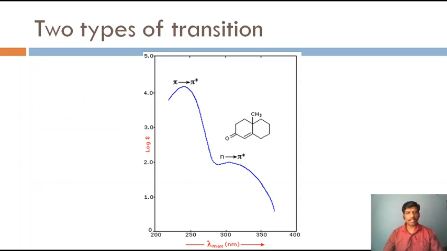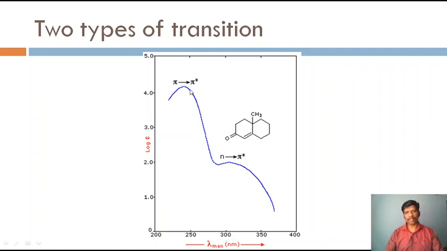There are two types of transition, n to pi star and pi to pi star. This is an example of a UV spectrum. You can see there is a parabola. It absorbs in the whole range, unlike mass spectra or IR and other spectra. But what is the maximum absorption that we take into consideration?